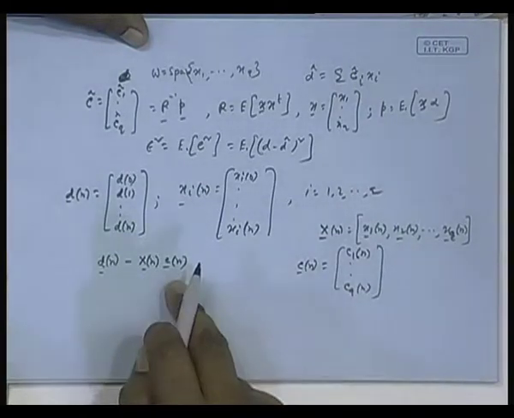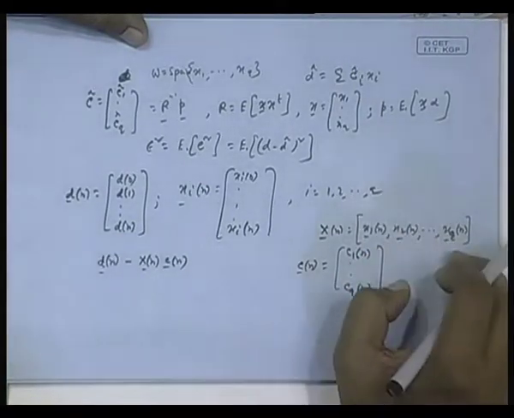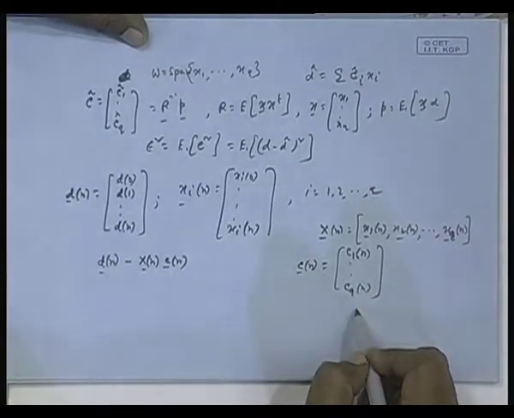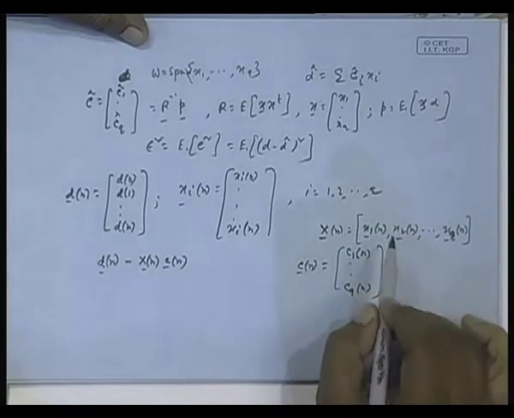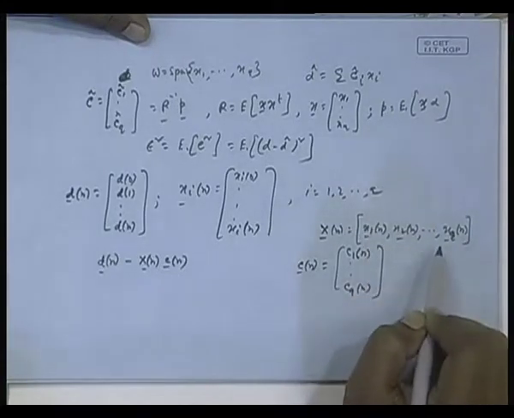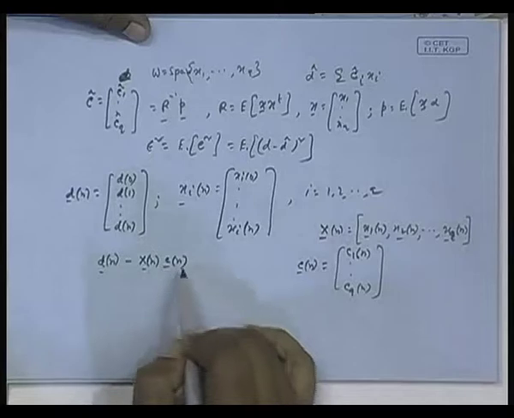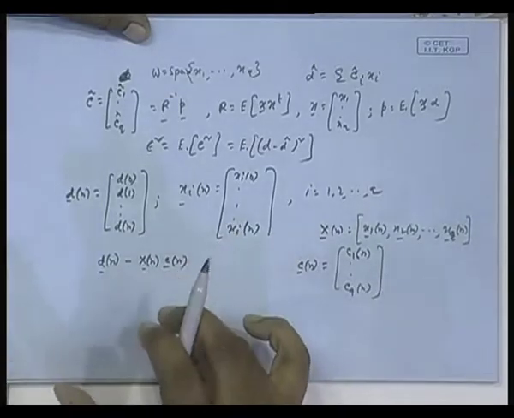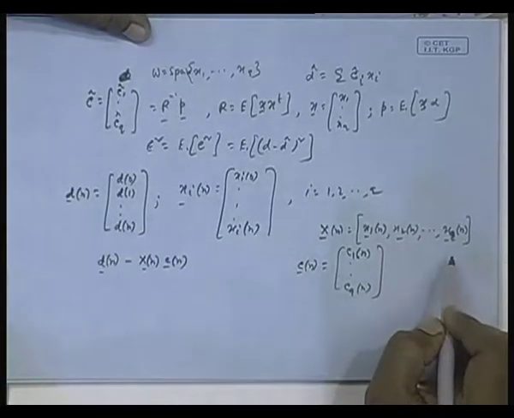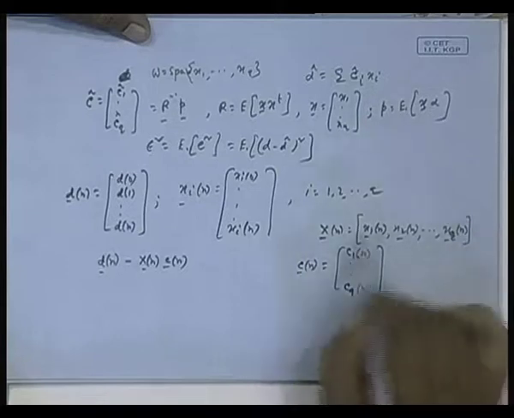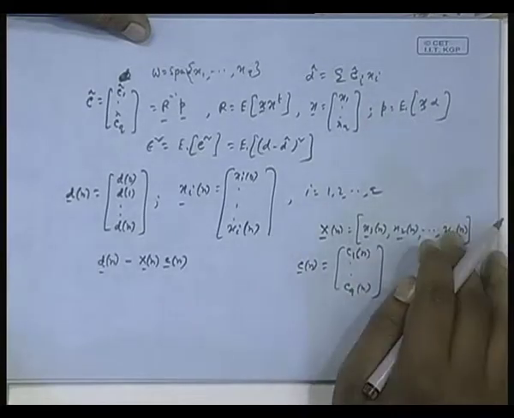So, x n into c n means what? Linearly combining these columns by these coefficients, isn't it? So, if you take the vector space spanned by these column vectors, then x n into c n will be a linear combination of those basis vectors. So, some vector belonging to the column space of x n.